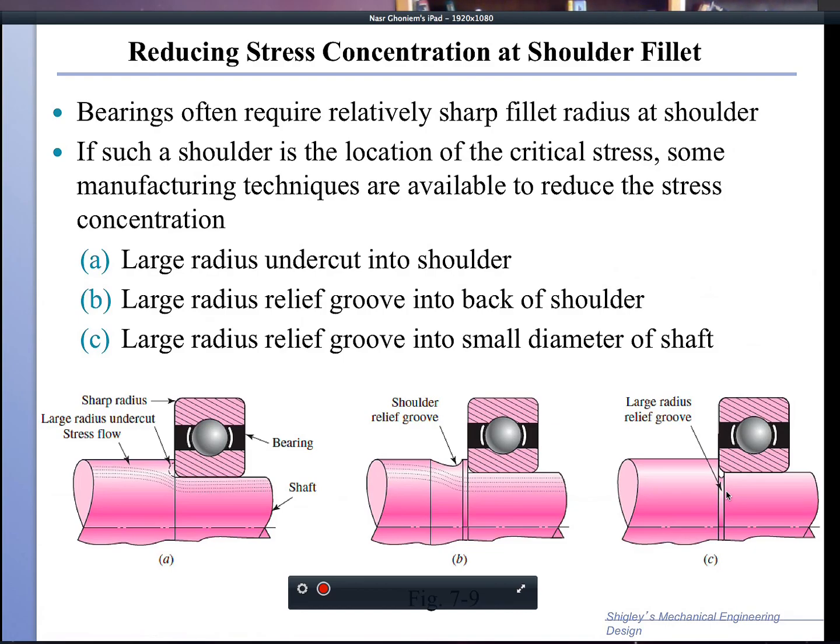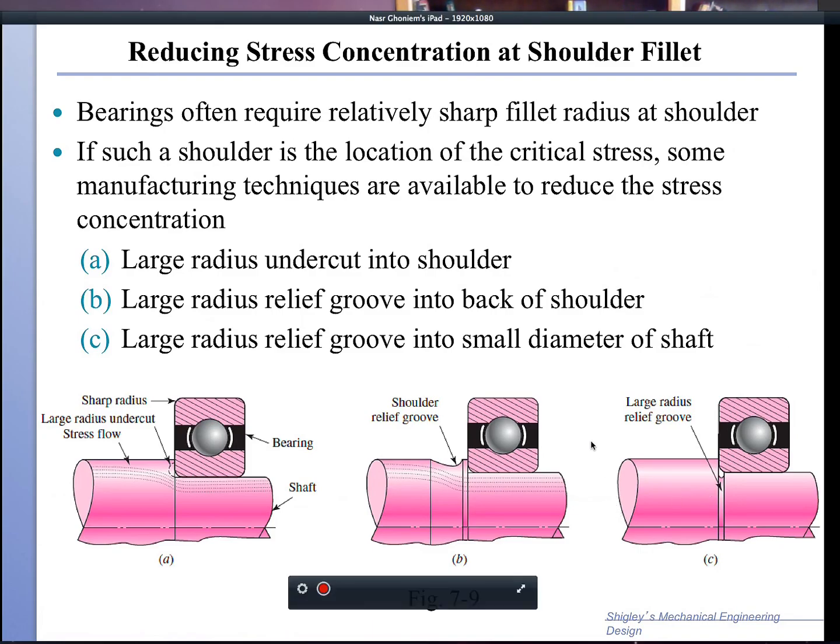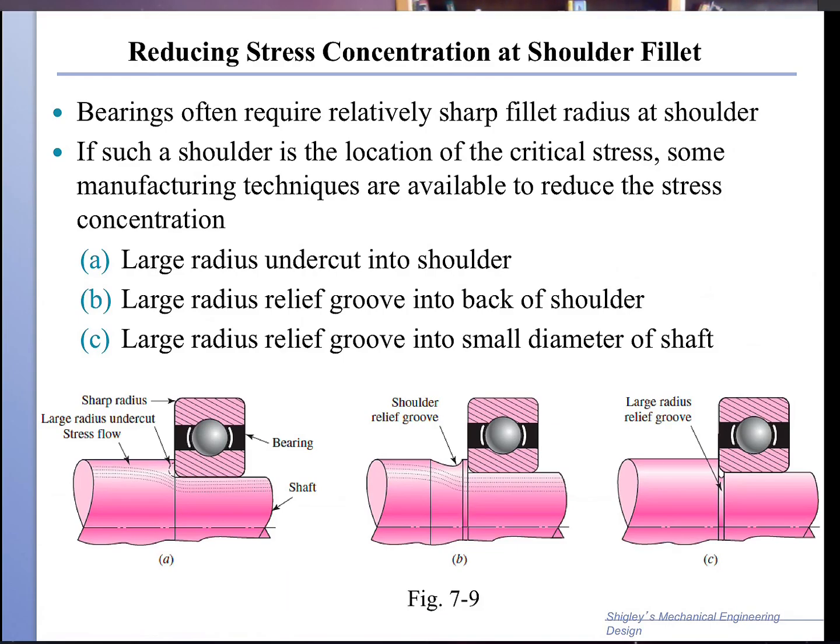These solutions are dependent on the exact design and the assembly and so forth. But as you can see here, maybe one of the preferred solutions would be the shoulder relief groove if we have the ability to mill the shaft in this fashion.